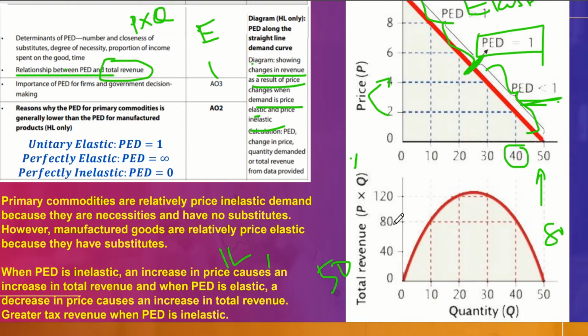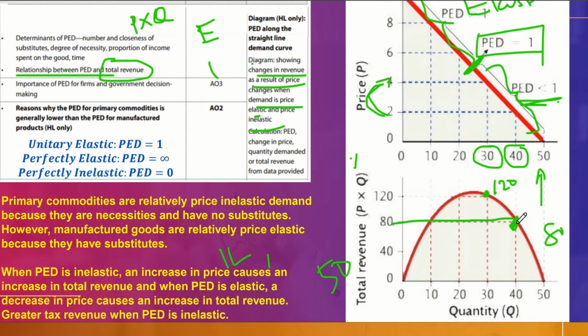Right, so 80 is the revenue. Now the price increases from 2 to 4, and the quantity demanded falls from 40 to 30. So now 30 into 4, so 120 is the total revenue. So this point is 120.